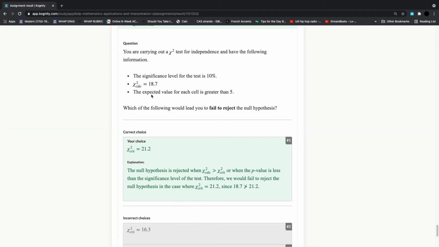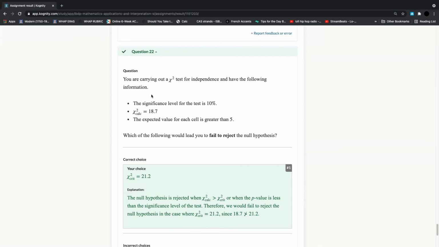That is also incorrect. And then finally, we come to our correct answer choice with the critical value of 21.2 and our chi-squared statistic of 18.7. And since that is less than the critical value, we cannot reject our null hypothesis. So we have to accept, and that is the correct answer choice. Okay.